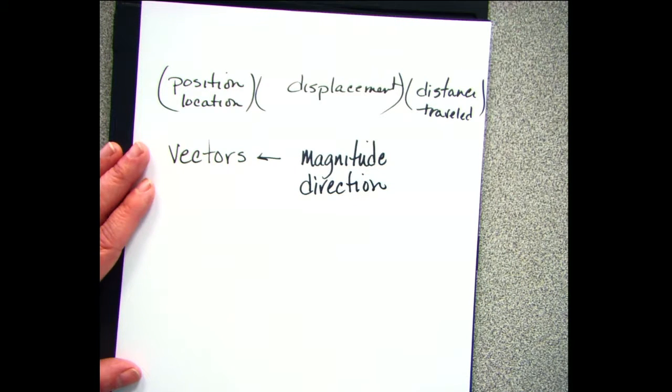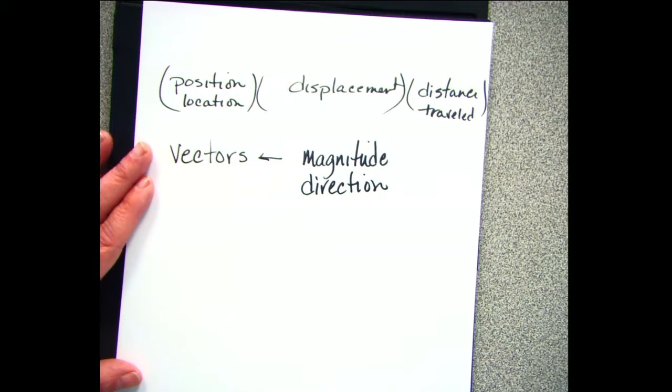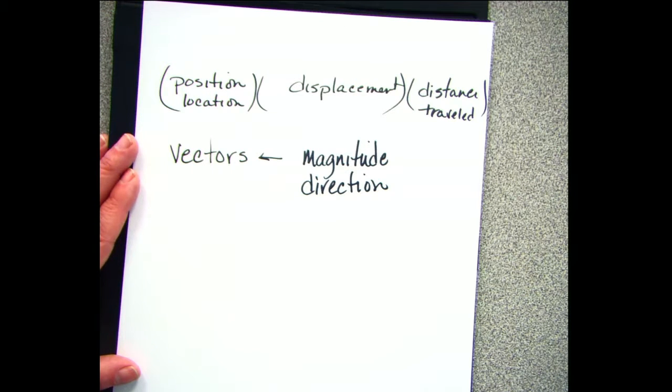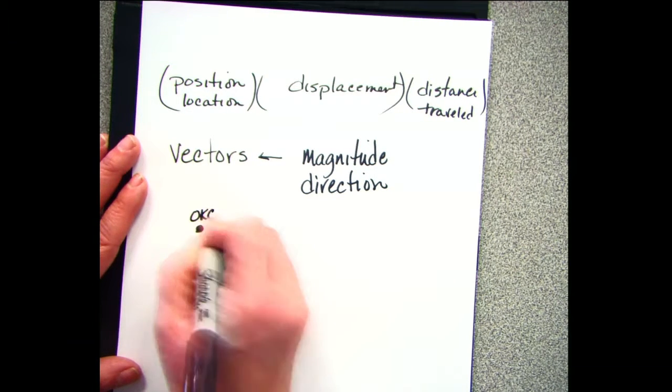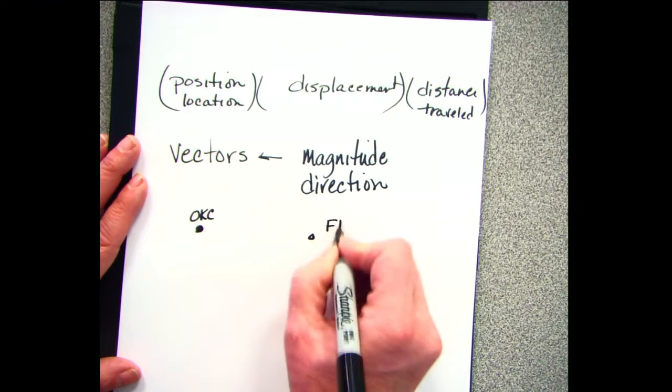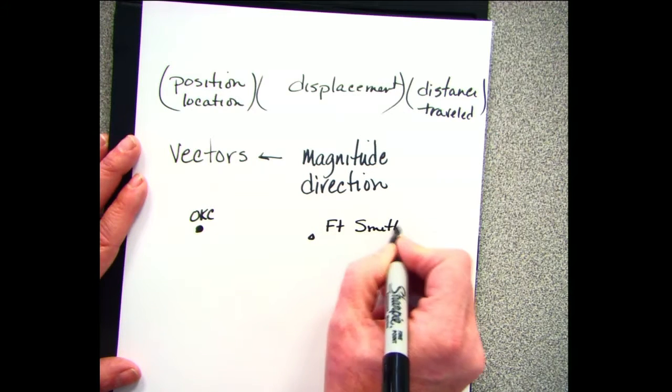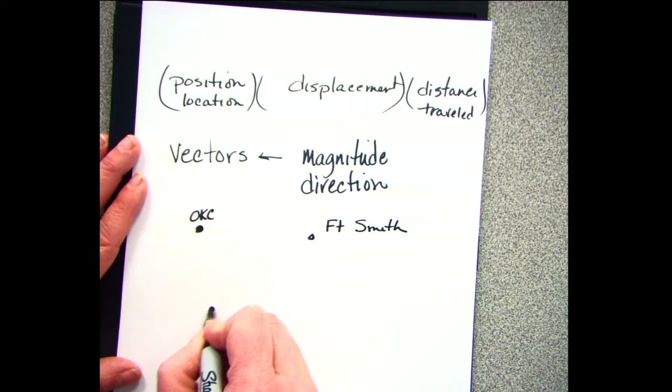So I'm going to jump ahead just a little bit because I want to show the difference between displacement and distance traveled, besides my little one-dimensional item. So on a map, I've got Oklahoma City. I got Fort Smith, Arkansas. And down here I have Dallas.